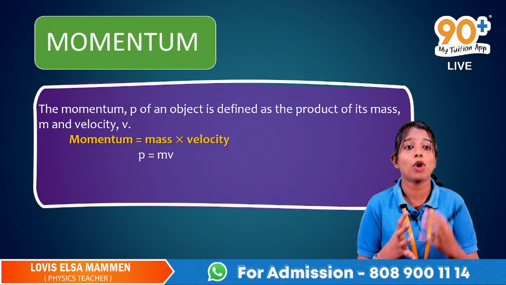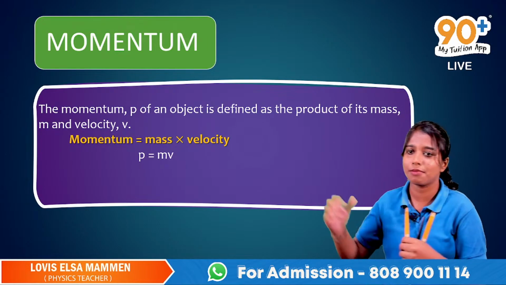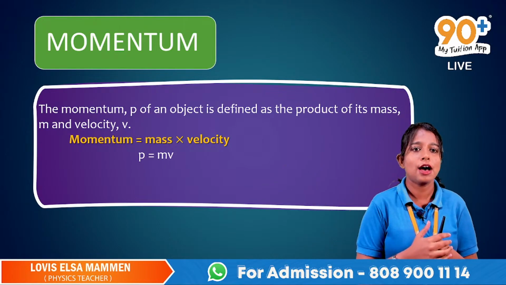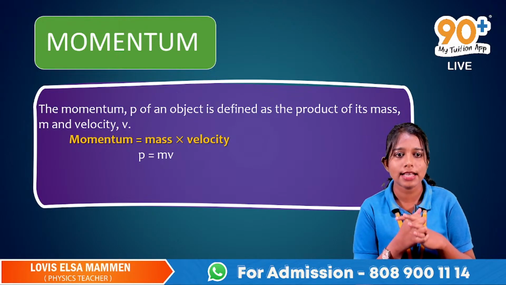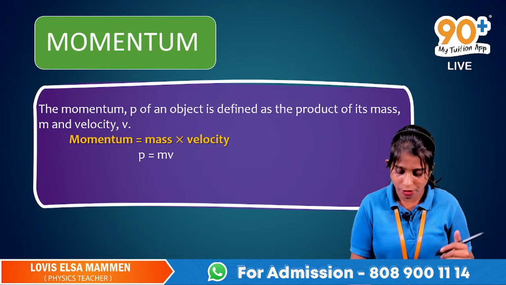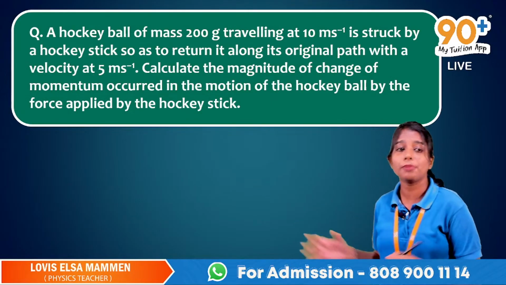We represent it as P. So P is equal to mv, where m is the mass and v is the velocity. We studied this in the previous class. So now we'll discuss a numerical problem based on this.